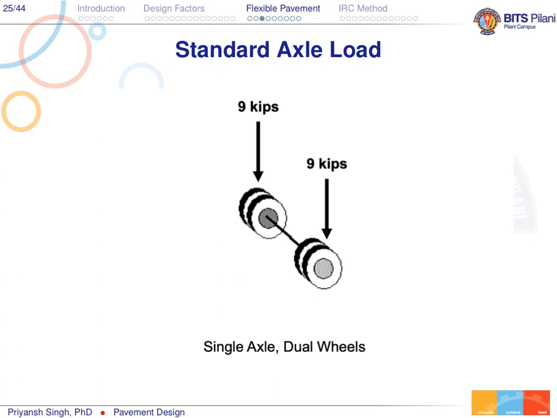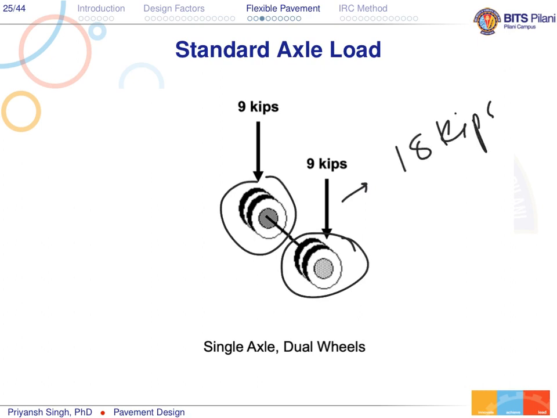In India and in many countries, a single axle dual wheel configuration having 18 kips of load is taken as a standard axle load. Here this standard axle has two wheels on each side, and each side has a load of 9 kips, which comes out to a total of 18 kips, approximately equal to 80 kilonewtons in SI units.